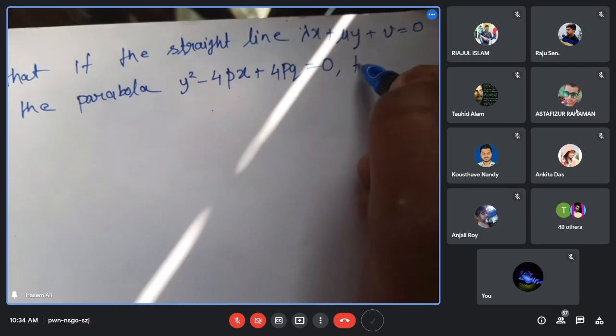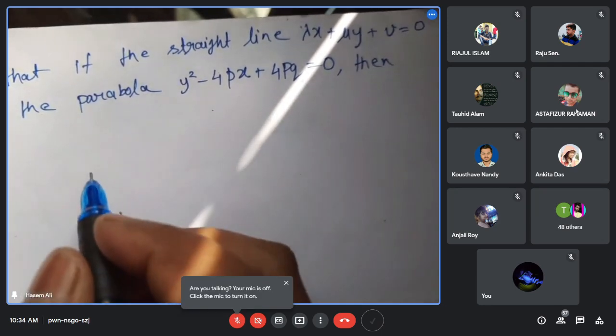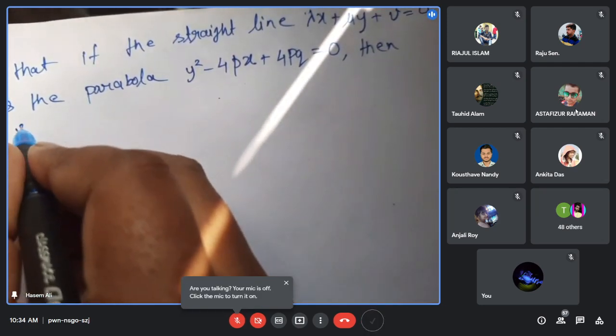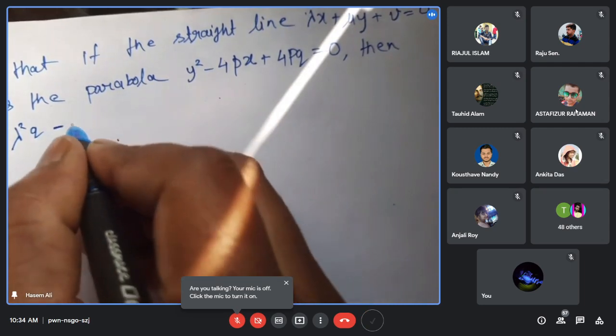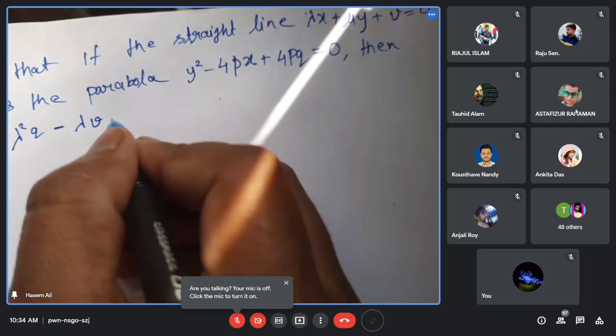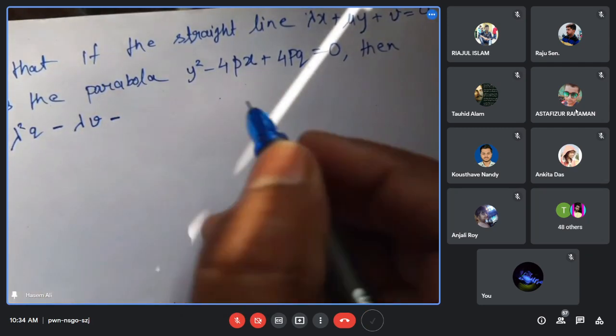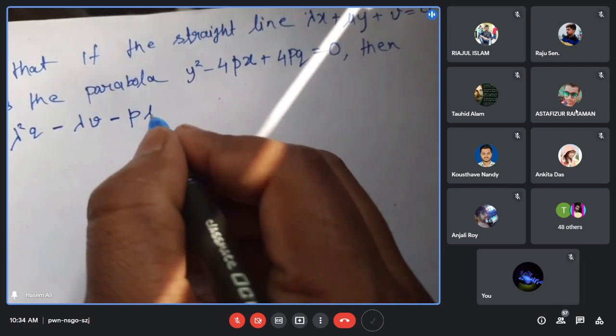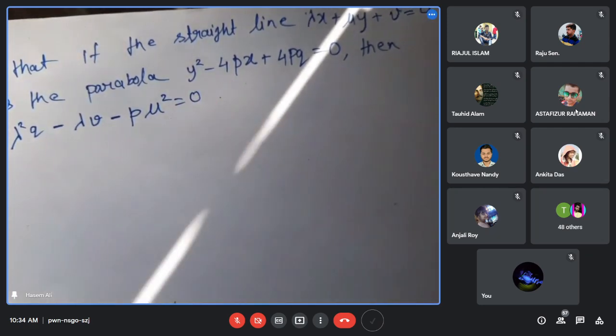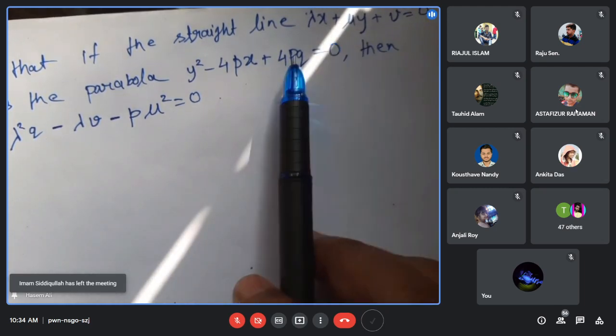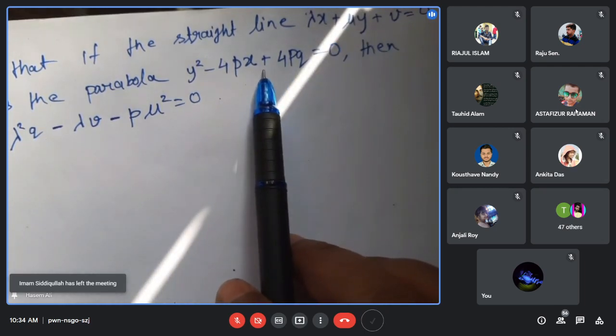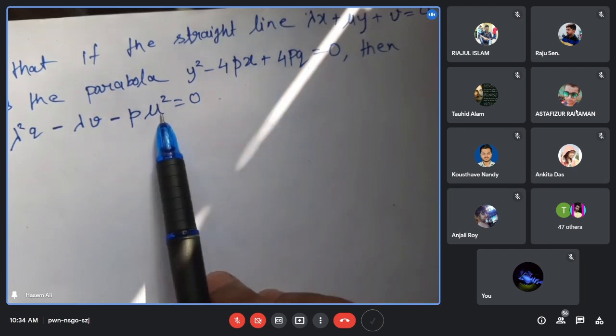Then we have lambda square q minus lambda v minus p mu square equals to 0. If this line is a tangent to this curve at some point, then prove this.